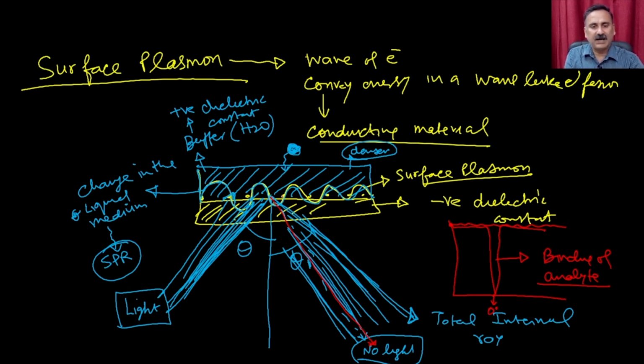So surface plasmons are moving with a particular wavelength, right? And you are illuminating this with a particular wavelength.